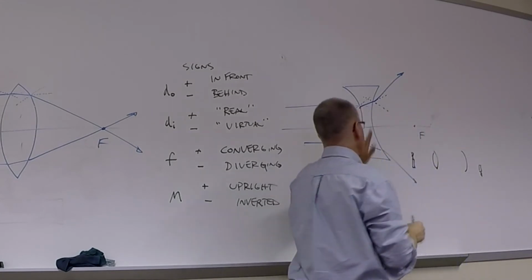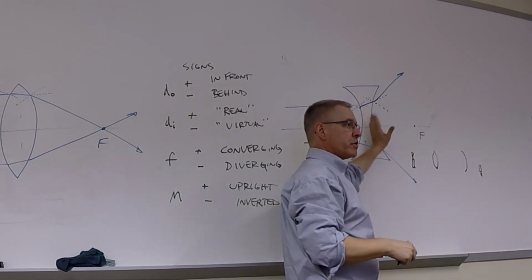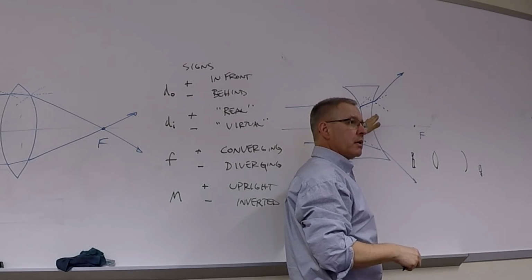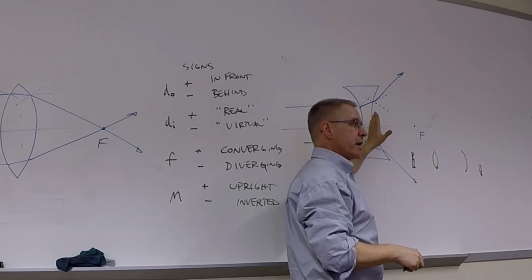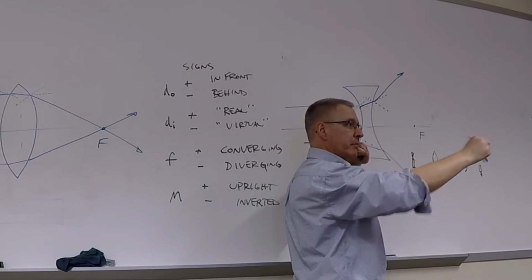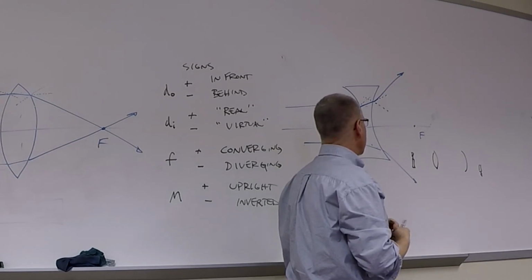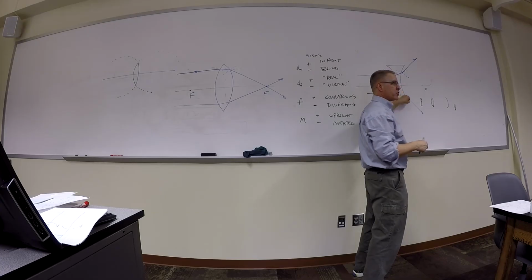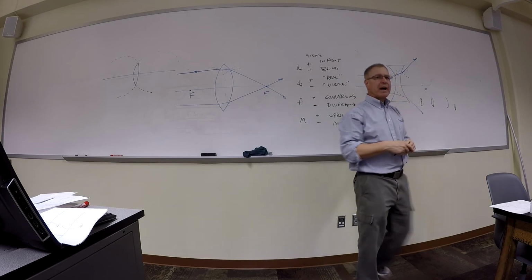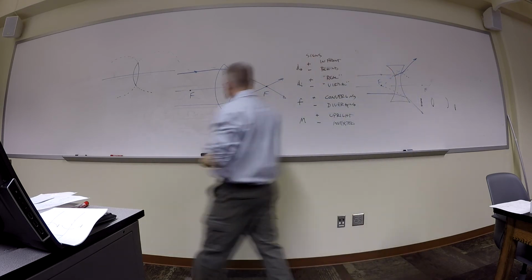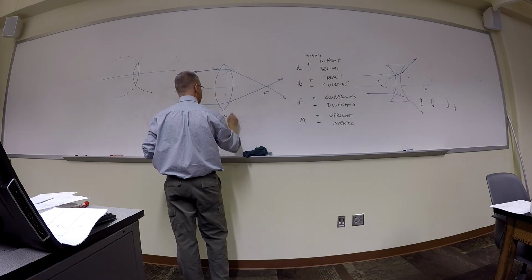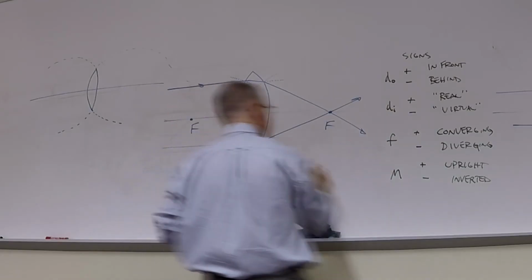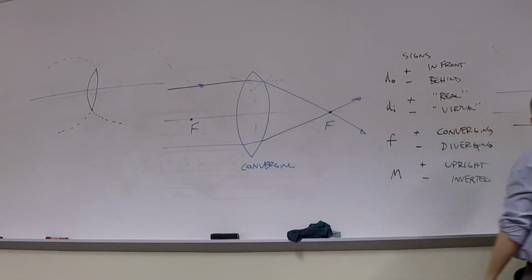And again, they could be different if these curvatures are different, but we'll just deal with lenses that have the same curvature on both sides, so the focal lengths will be the same. Notice that we've got some a little bit more complicated things going on because there's two different surfaces where I'm getting the refraction. I can have a converging lens that's shaped like this. I can have a diverging lens like this one.